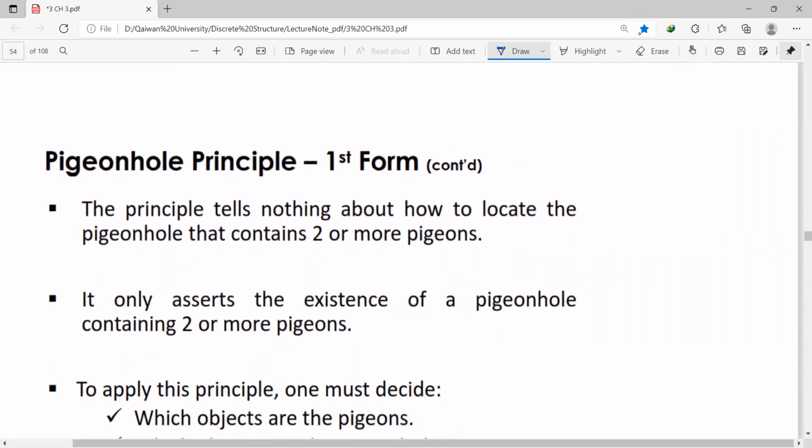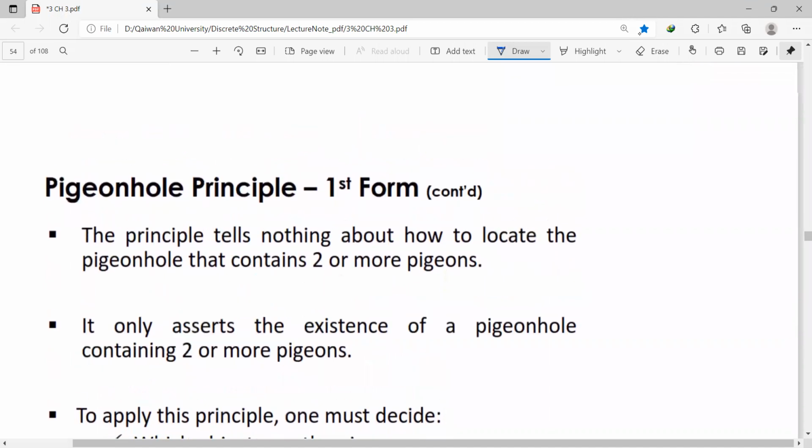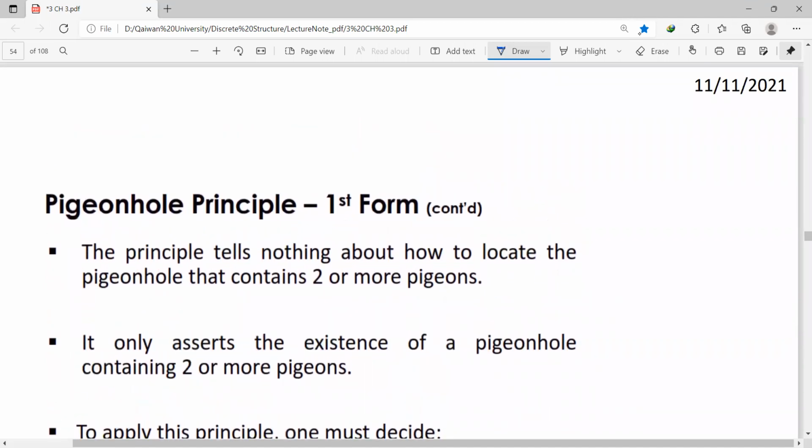Here you have some notes about the pigeonhole principle of the first form. It says the principle tells nothing about how to locate the pigeonhole that contains 2 or more pigeons. So the principle doesn't care which of the pigeonholes contain at least 2 pigeons, it could be any of them.